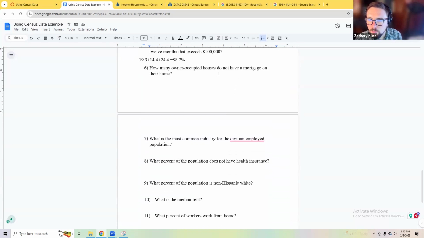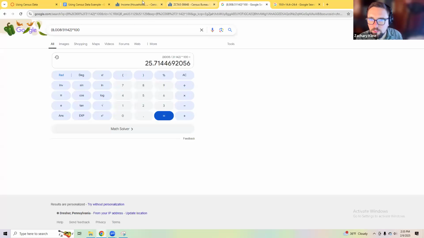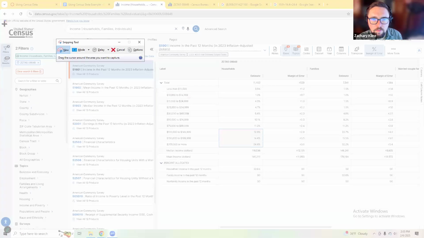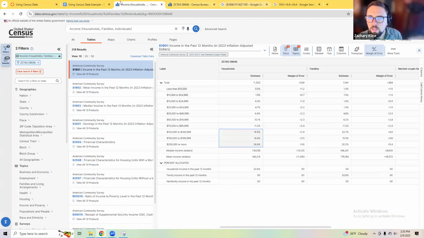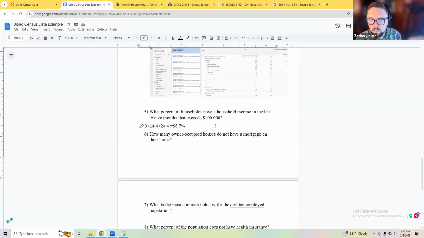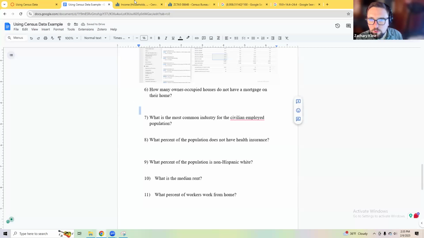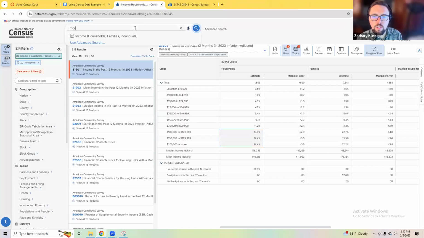Okay, how many owner-occupied houses do not have a mortgage on their home? So I want to make sure we're looking at owner-occupied houses. Make sure we get a screenshot here to show where we got that from. Let's try searching mortgage.